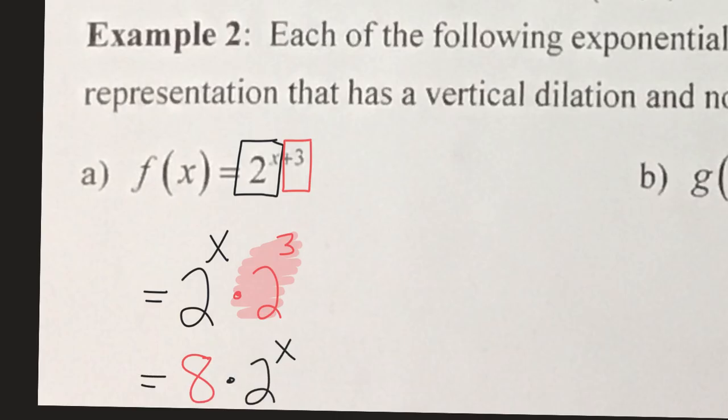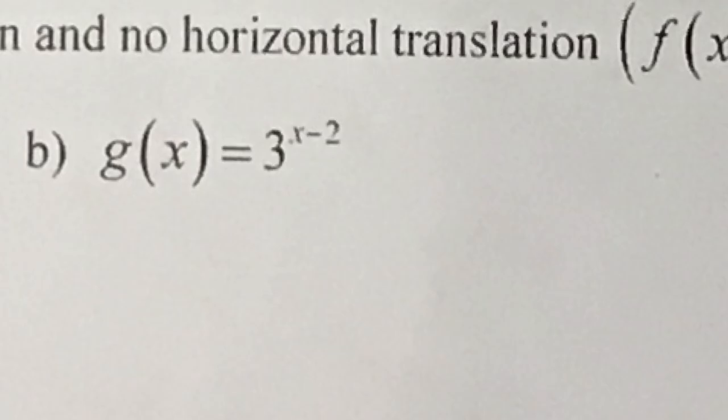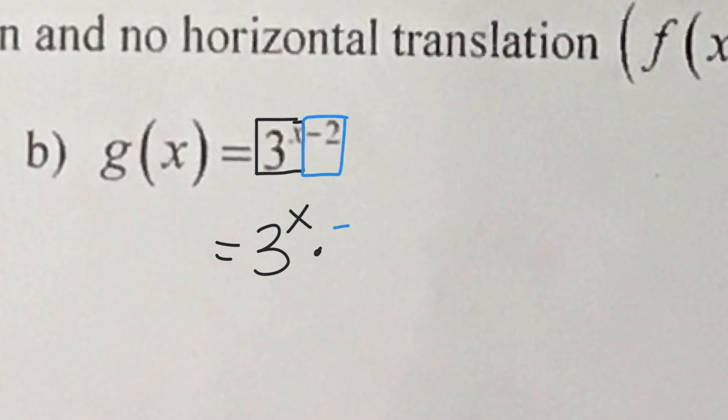Okay, in order for it to be an a times b to the x, you put your number in front and then your base to the x power. Okay, good job. All right, so once again we have a subtraction. So we start with our original base, which is 3 to the x, times our second base, which we create, 3 to the minus 2 power.